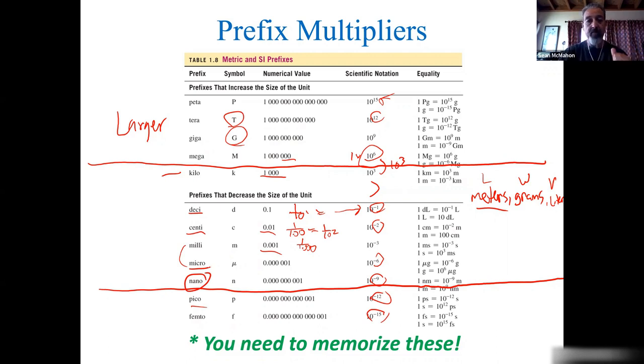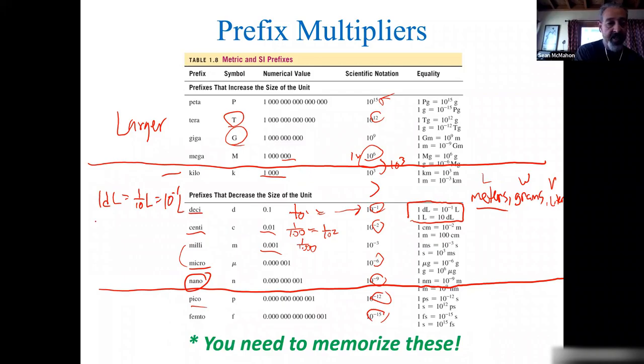Now, a lot of people don't like this negative conversion factor. So you will also see that there is a positive form of it. So instead of saying 1 deciliter is 1/10 of a liter, which is 10 to the -1 liter, you could just say there's 10 deciliters in 1 liter, like right here.